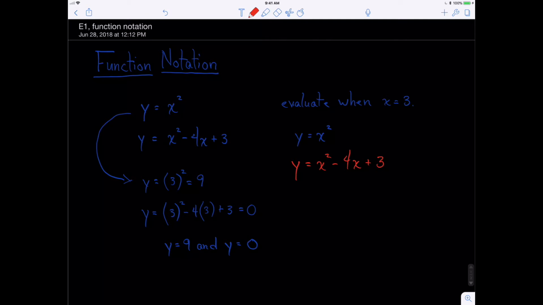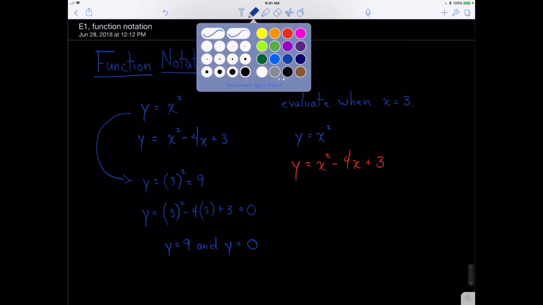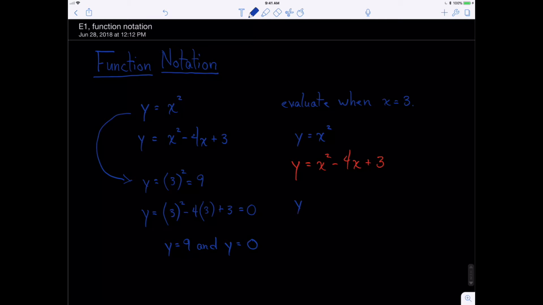And if I recorded one answer in blue and the other answer in red, you would know which equation that y value came from, when in fact we looked at just the simple case of when x was 3.